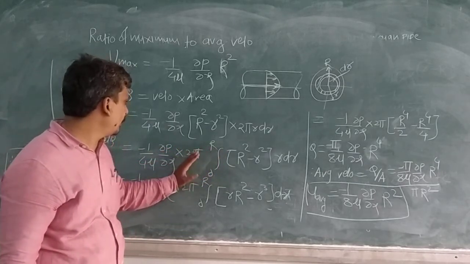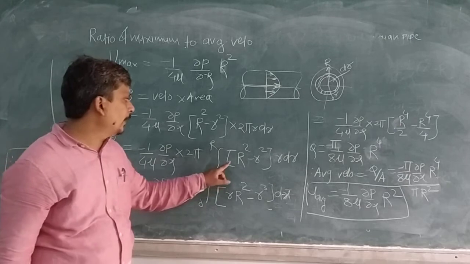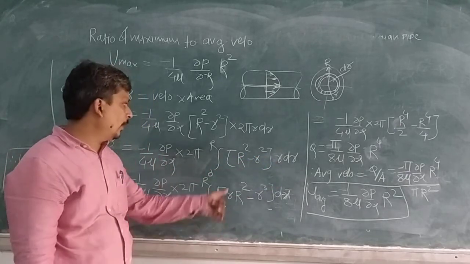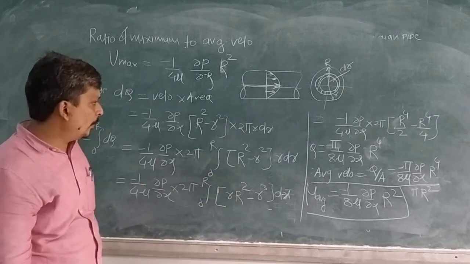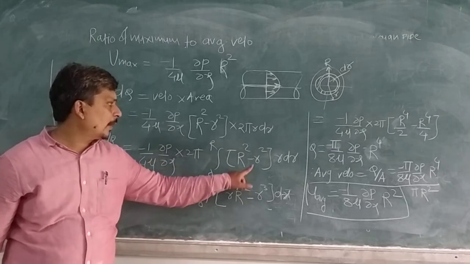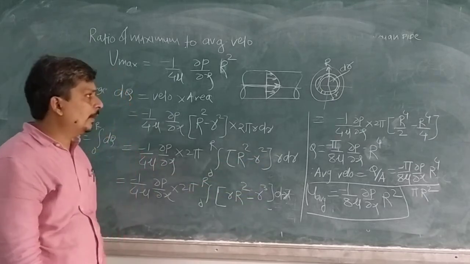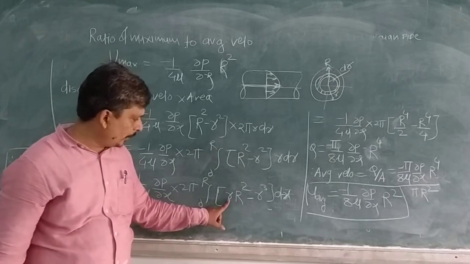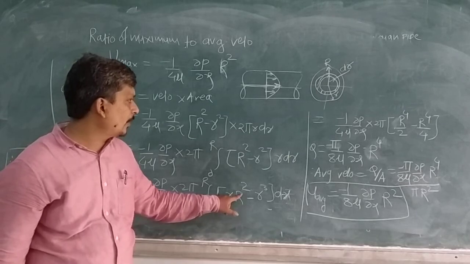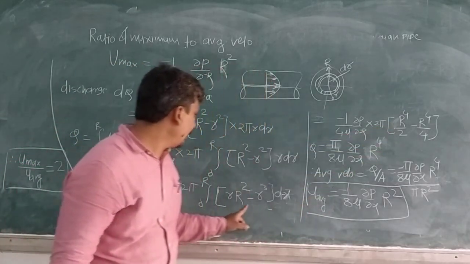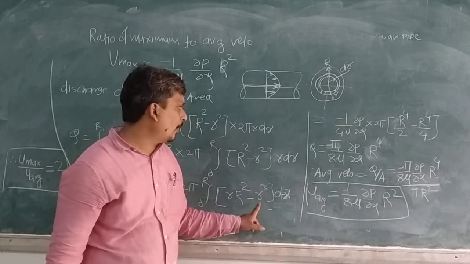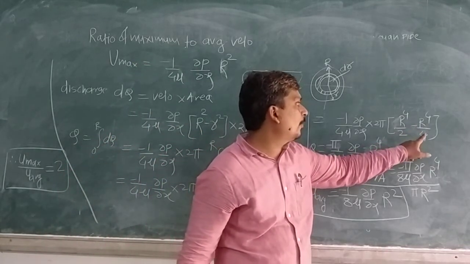So Q is equal to minus 1 by 4 mu, delta p by delta x. 2 pi is constant, so taking it outside, and integration of (capital R squared minus small r squared) r dr. Now here capital R is also constant. So multiplying by r, we get r into capital R squared minus r cubed. The integration of r is r squared by 2, and R squared into r squared by 2, and the integration of r cubed is r raised to 4 upon 4, capital R raised to 4 upon 4.